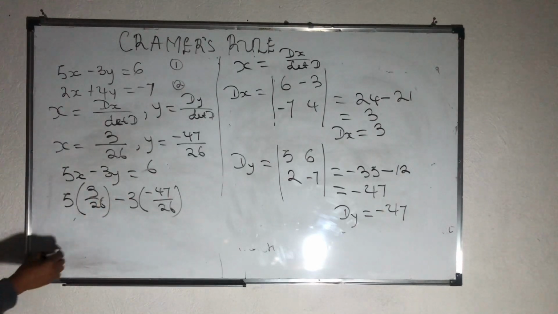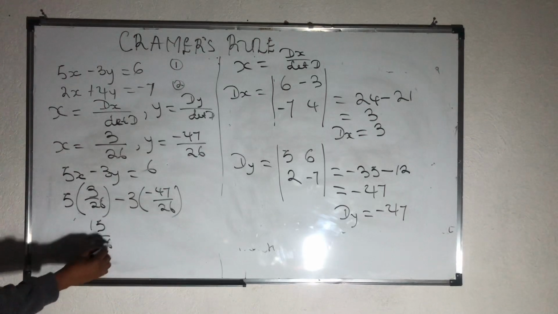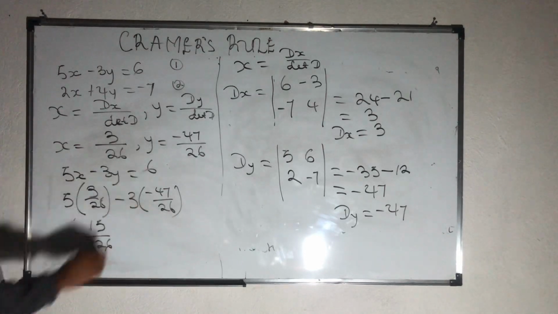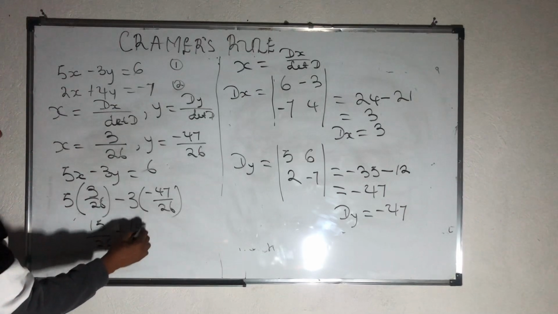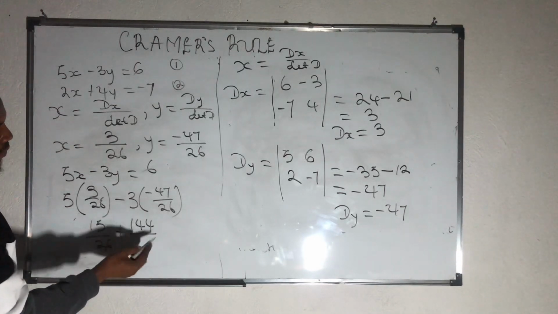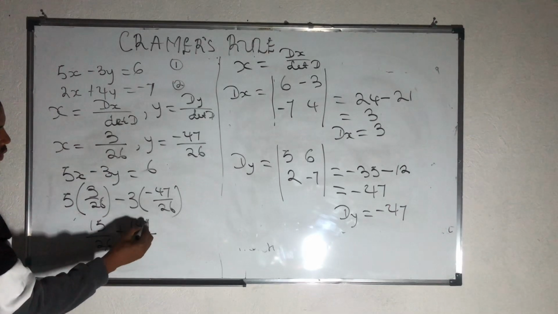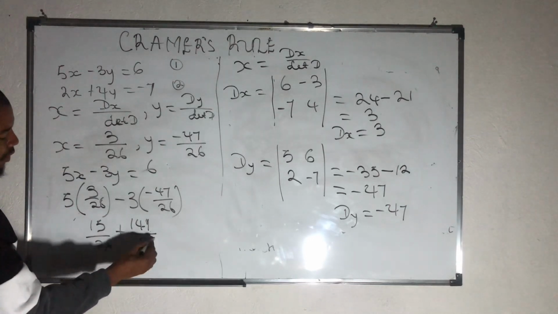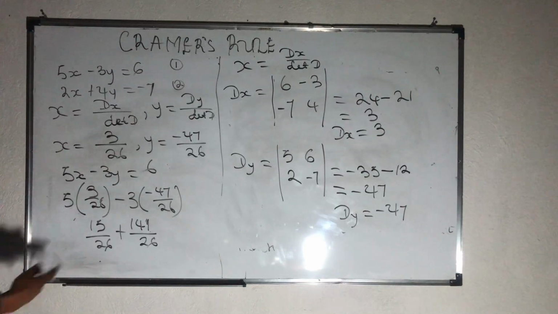5 multiplied by 3 gives us 15 over 26. Negative 3 times negative 47 gives us plus 141, all over 26. Since they have a common denominator, we can just add them up.